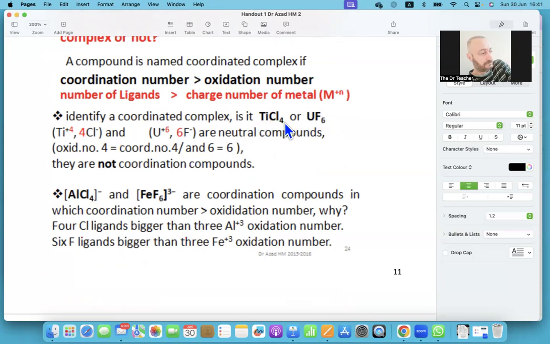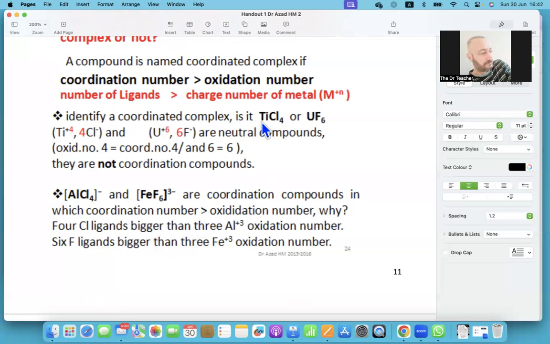So this is the coordination number, or the bond number, 4. Let's count the oxidation number for the titanium. So we know the halogen is -1 times 4, which is -4. So the one half of the molecule is -4, so the other half will definitely be +4.